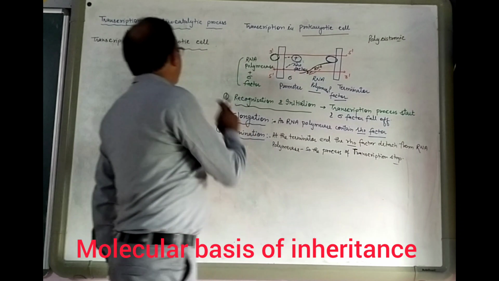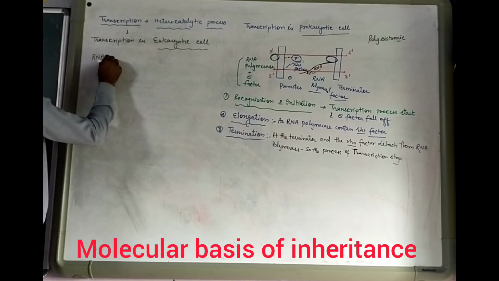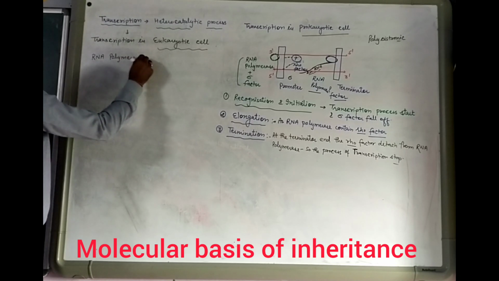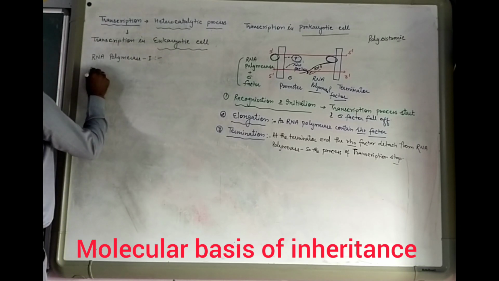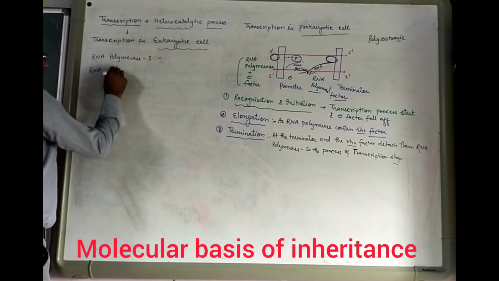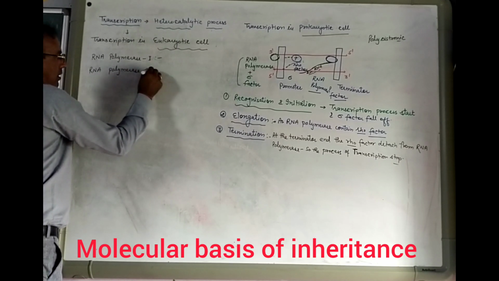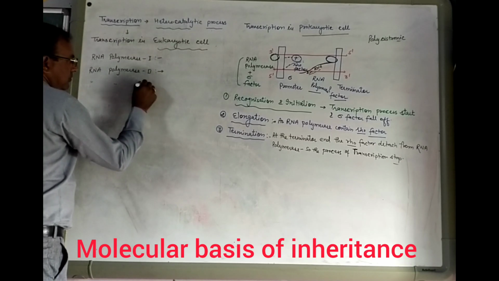But in the eukaryotic cell, the RNA polymerase enzyme is of three types: RNA polymerase 1, RNA polymerase 2, RNA polymerase 3.